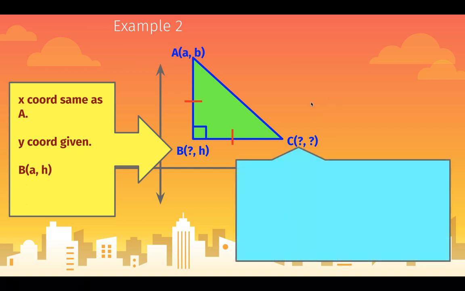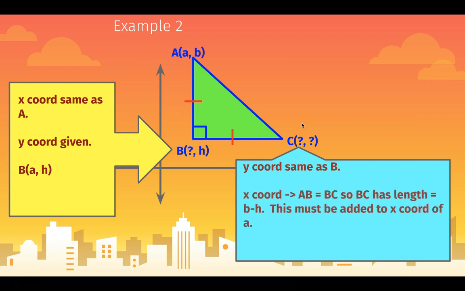Okay, so for point C, the y-coordinate, the height of this, is going to be the same as the height of this. So the y-coordinate is going to be just h. The x-coordinate is really fun. So what do we know? This is an isosceles triangle, so we know that the length of AB is equal to the length of BC.